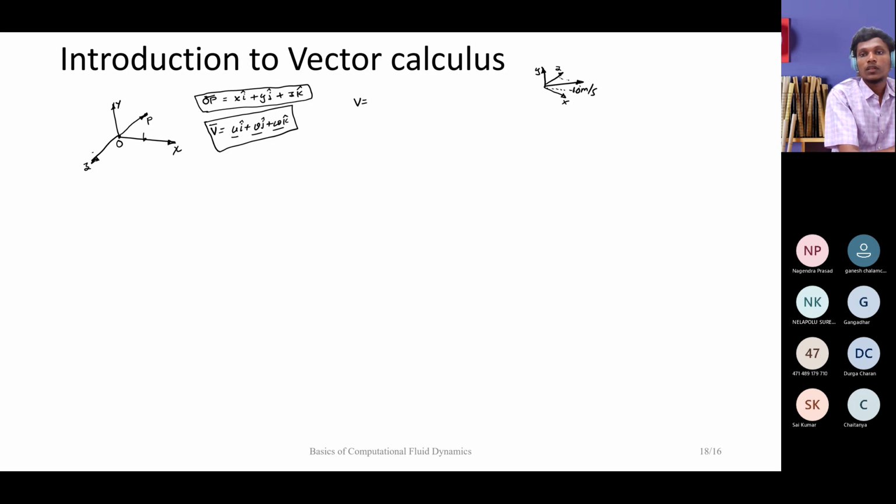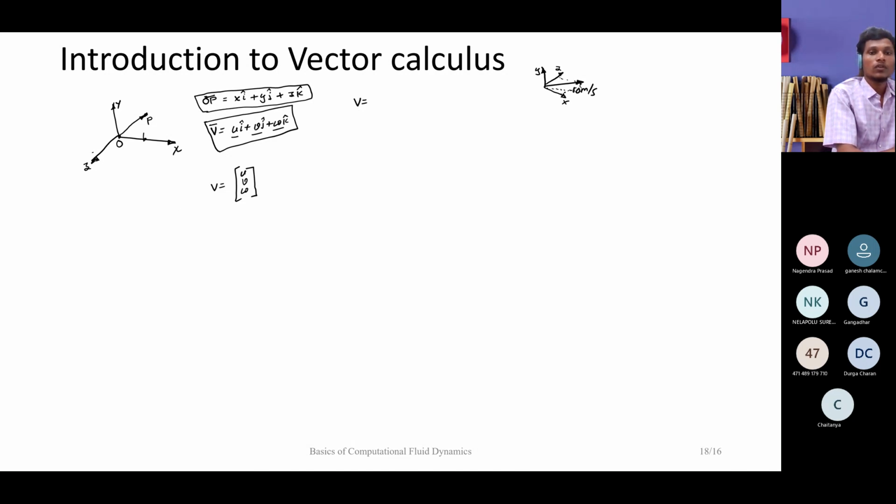If you resolve all these directions of the actual velocity vector, you will get the u, v, and w components. But how do we resolve? What are the operations that we use? Everything is included in vector calculus. So I will give you a brief overview of vector calculus. Let's say you have a vector with components u, v, w; one can write it in matrix format as v equals u, v, w.